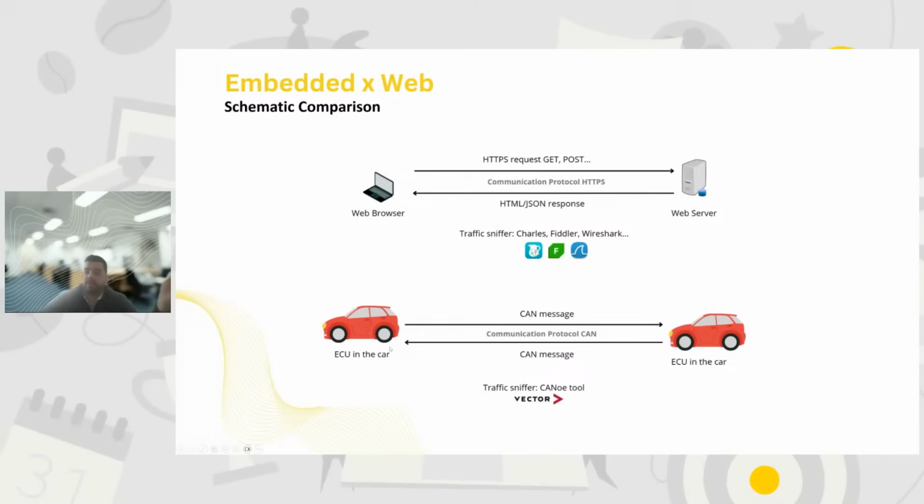Instead of HTML or JSON, it uses some data space in the CAN frame specific to send this data. And with this picture, this is one concrete example with a big picture about embedded and web.